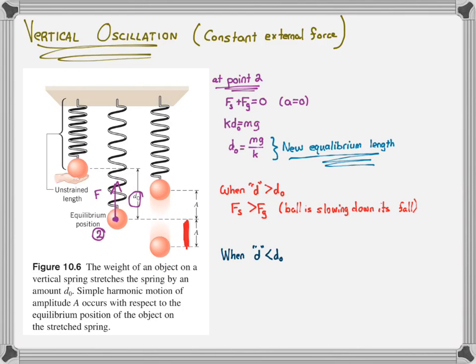When d is less than d naught, meaning it's already started to bounce back, the force of the spring is less than the force of gravity, and gravity is going to start to pull the ball down, slowing it down, bringing it to a stop at that highest point, and then making it come down again, and it's just going to repeat over and over again.